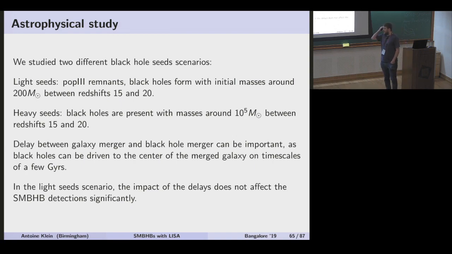What came out was that in the light seed scenario, the delays were less important because the time scales for lower mass black holes are much smaller. But for heavy seeds, it had a really large impact.